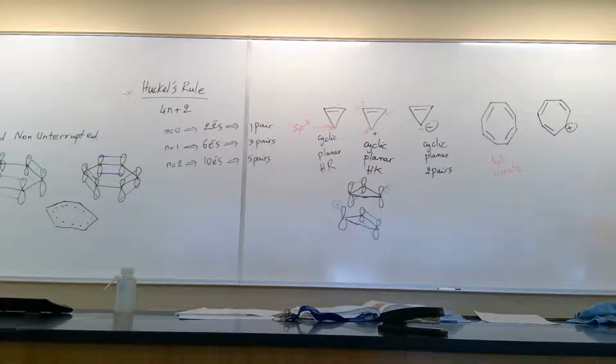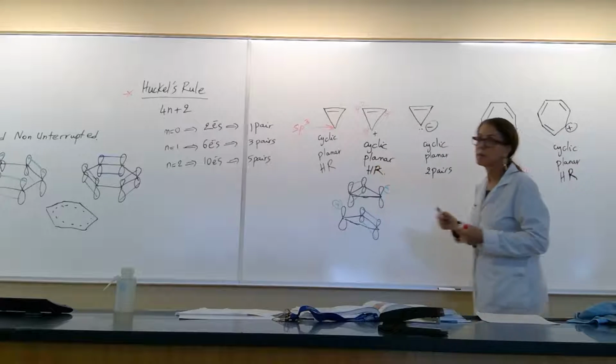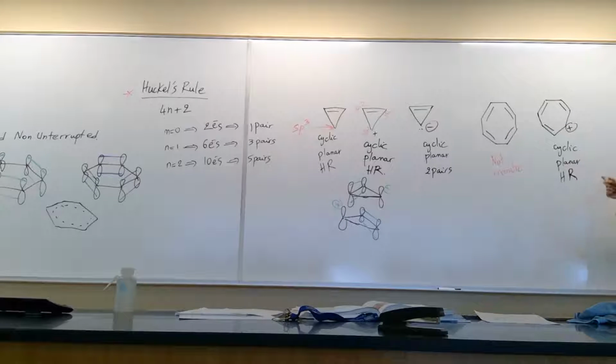It is cyclic, you agree? It is planar. Why? Because you have the Huckel's rule, HR, I should put that. Huckel's rule, because we have how many pairs here? 3 pairs.